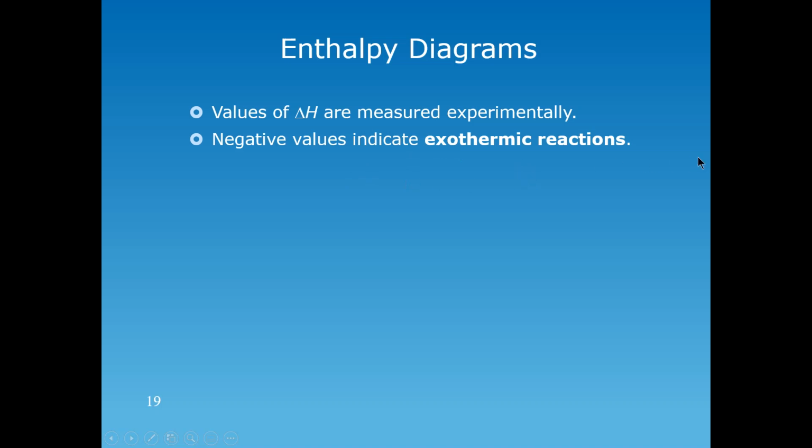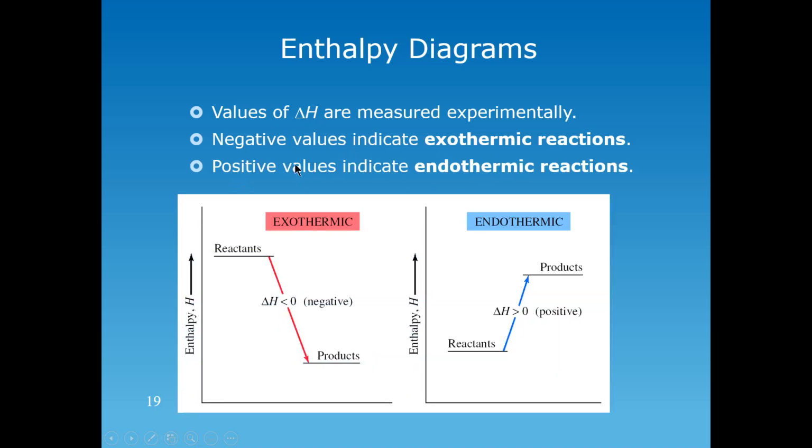In terms of the sign of enthalpy changes, we talked about this earlier with respect to heat change. It's the same thing. Basically, if delta H is negative, that means that the reaction is exothermic. If delta H is positive, that means that the reaction is endothermic, and we can represent exothermic and endothermic reactions using these diagrams.